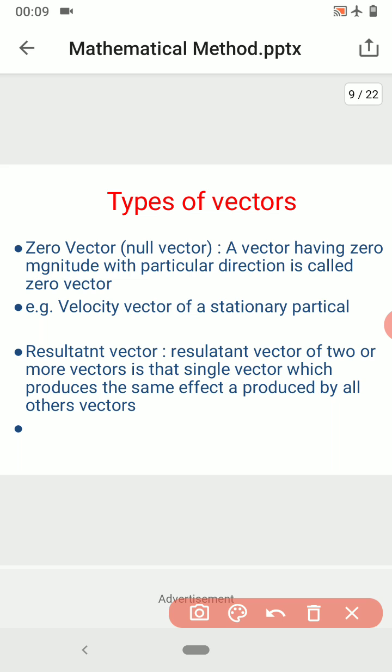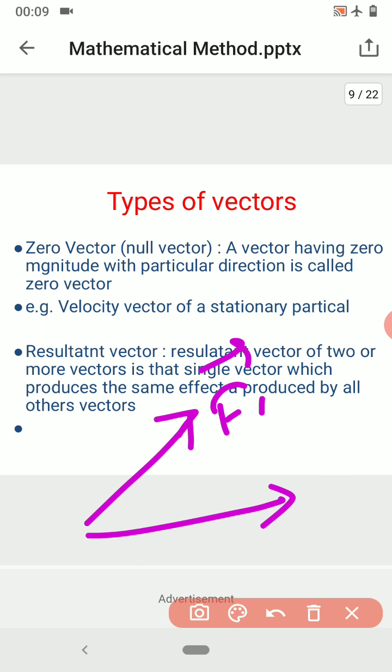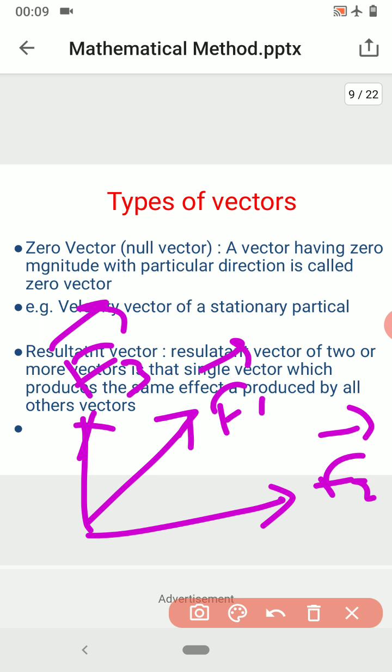See, here are some forces, say force F1, force F2, force F3, and one has to find the resultant of these vectors.